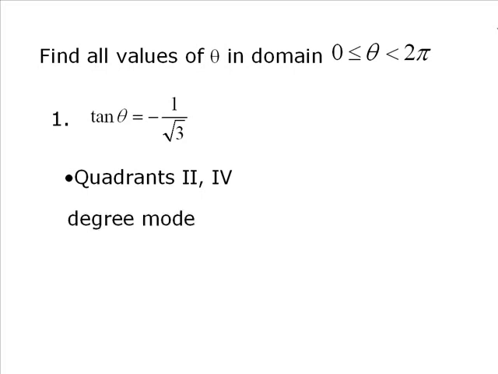And for this one, I'm going to be in degree mode. Not necessary, but just to show, I'm going to show both methods for it. So I'm putting my calculator back in degree mode. And then, to find the reference angle, anytime you're looking for an angle, remember it's second function of that ratio, second tan, and then I just open up a bracket, 1 divided by the square root of 3.